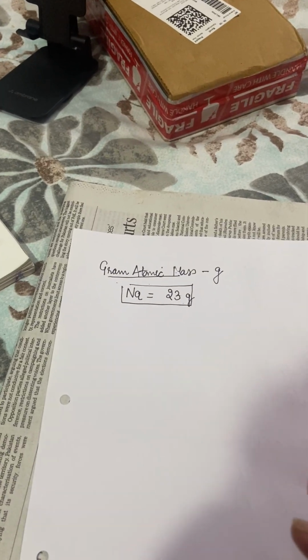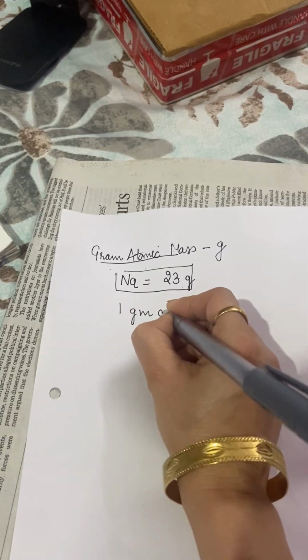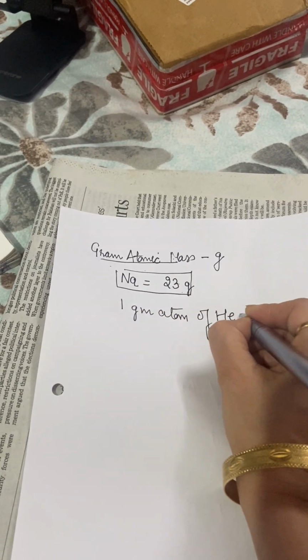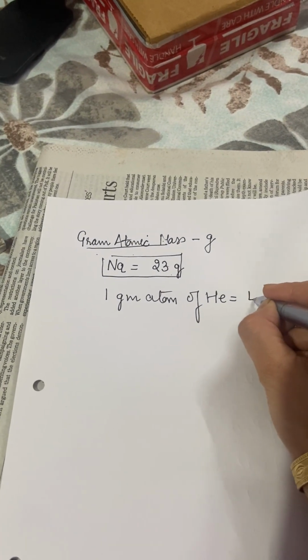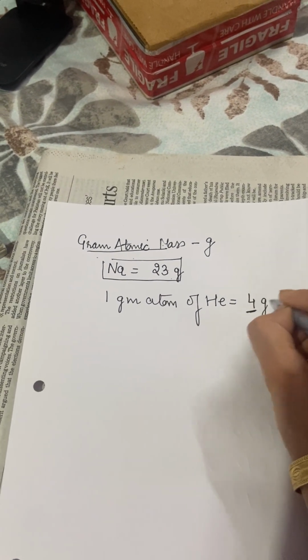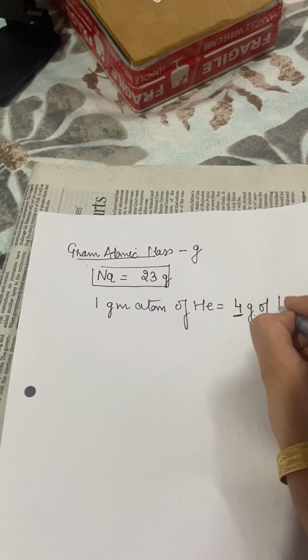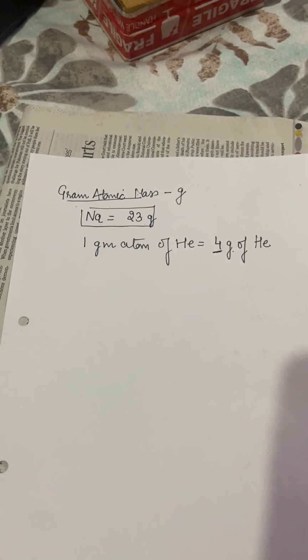Clear to everybody? Okay, suppose I have to calculate 1 gram atom of helium. 1 gram atom of helium contains how many grams of helium? It's 4 grams, because 4 is the atomic mass of helium, and when it is expressed in grams, it is the gram atomic mass of helium. I hope it is clear to everybody.